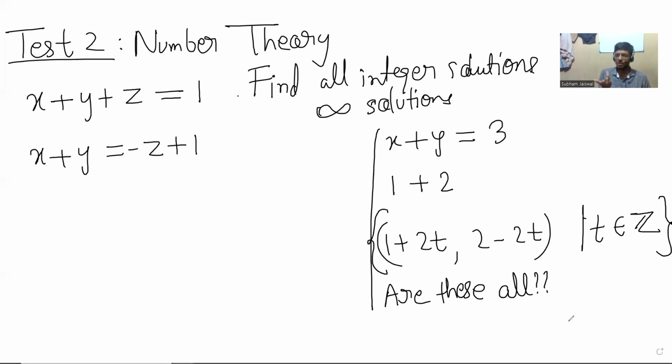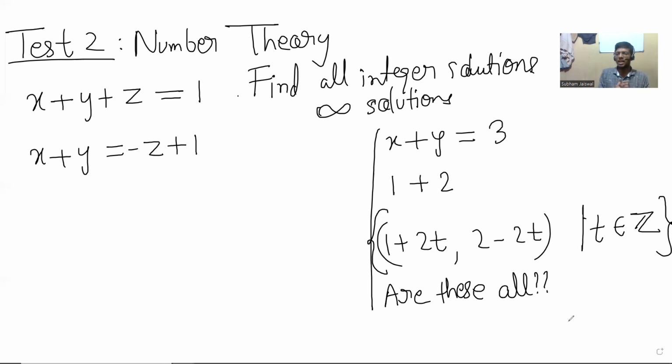Absolutely perfect. Ishana, do you see that? Yes, 1 plus 2t will always be odd, but x can be an even number also. Missing, certainly missing.